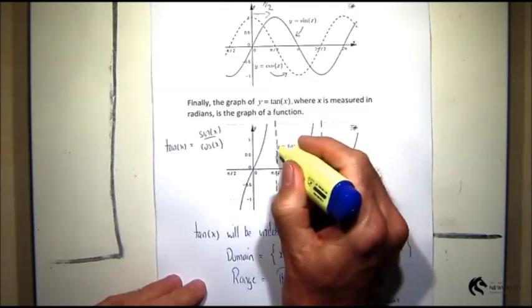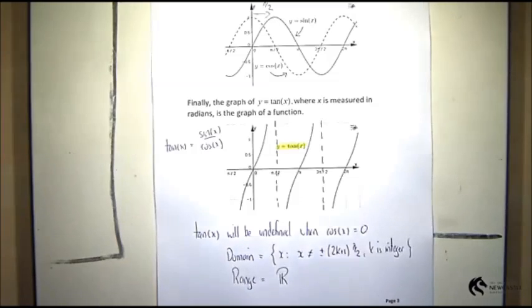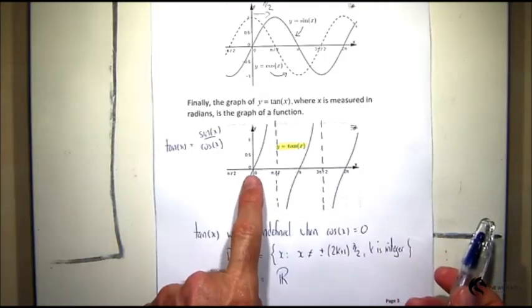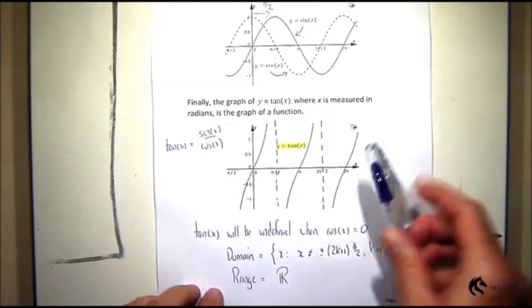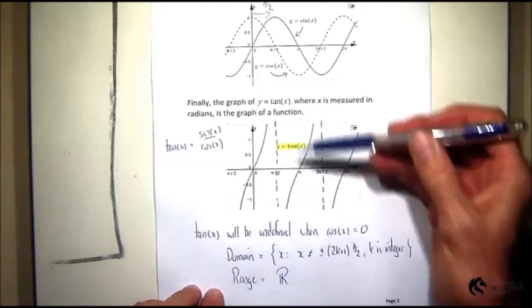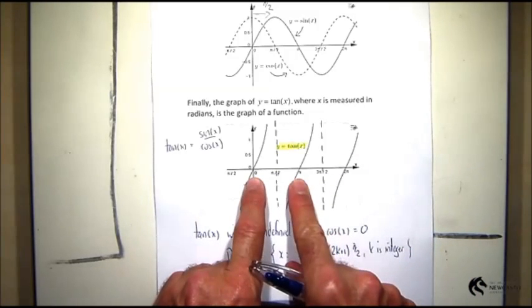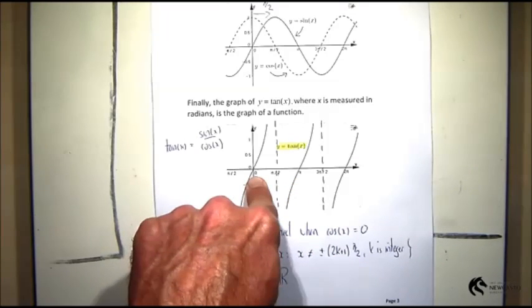The other thing here before I turn the page is take a look, and you can see the tan graph is 0 at 0, it's 0 at pi, it's 0 at 2 pi, and it seems, therefore, that this graph repeats itself not every 2 pi units, but every pi units. So this graph is periodic with period pi, rather than 2 pi.